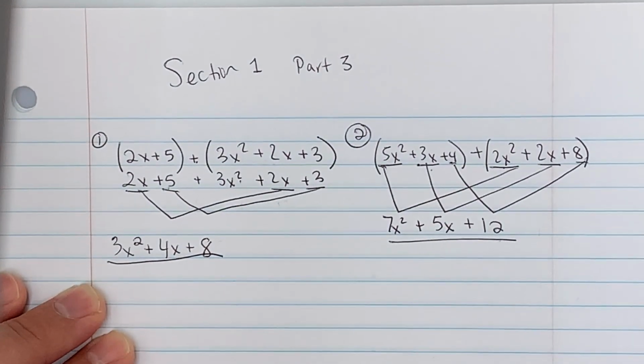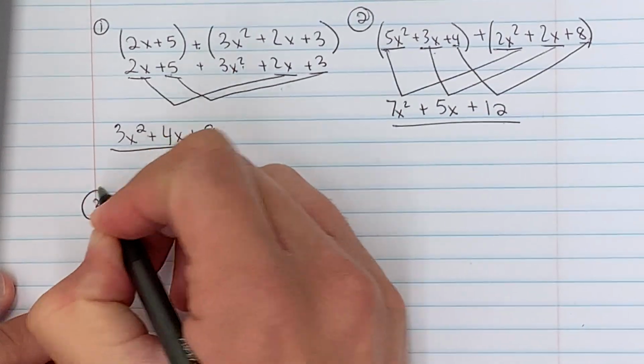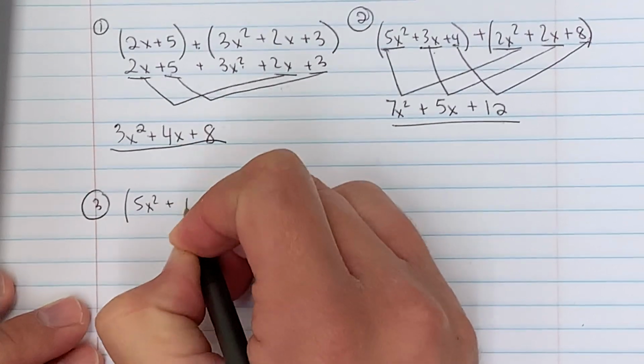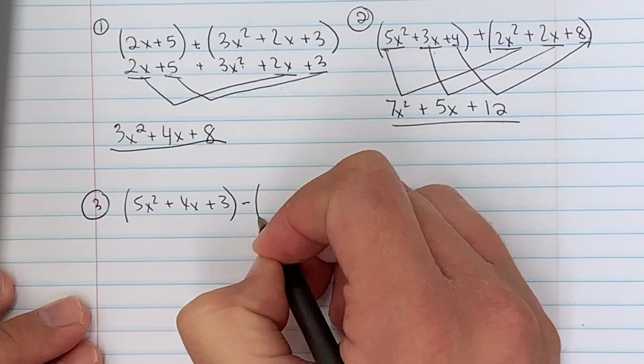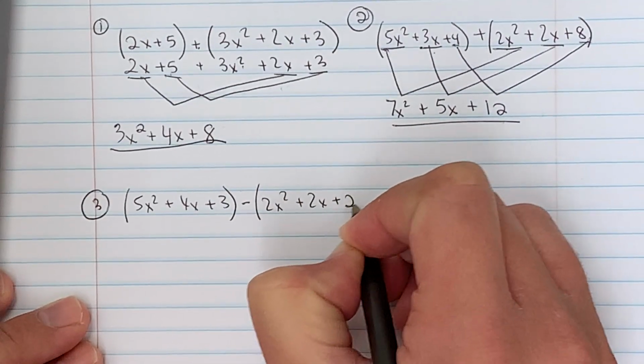Now let's see what it looks like when they are negative. So let's go ahead and do number 3 down here. So let's say I have 5x squared plus 4x plus 3 minus 2x squared plus 2x plus 2.